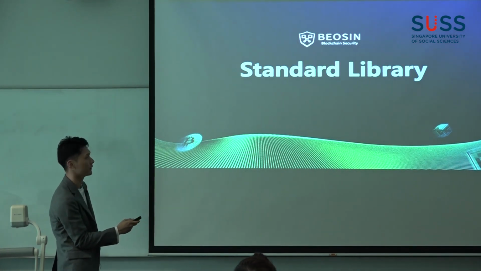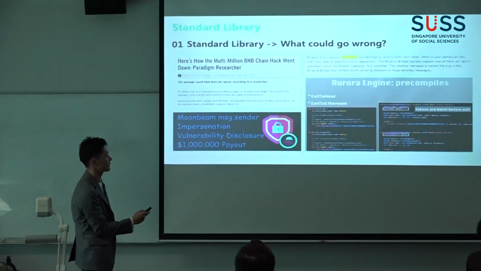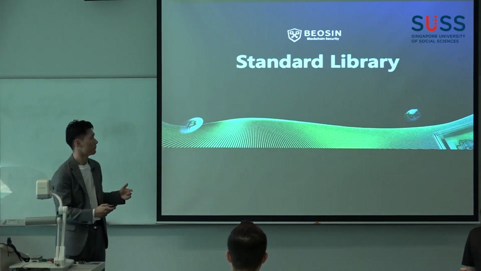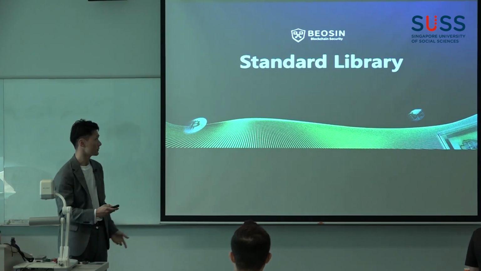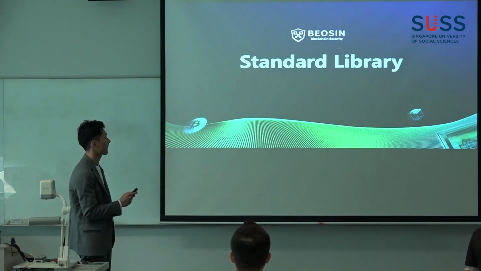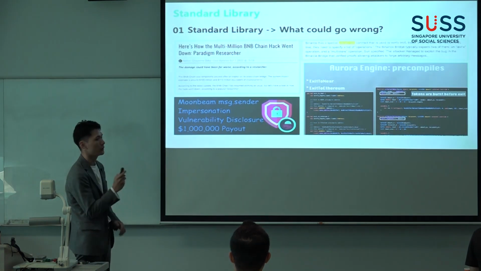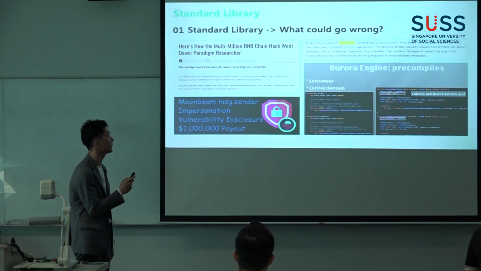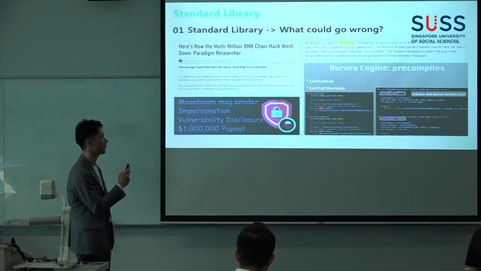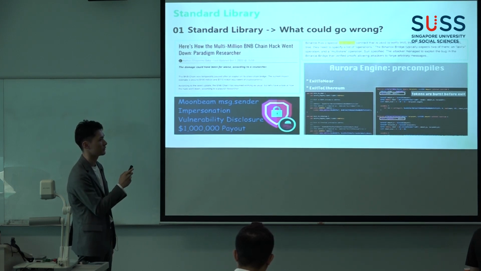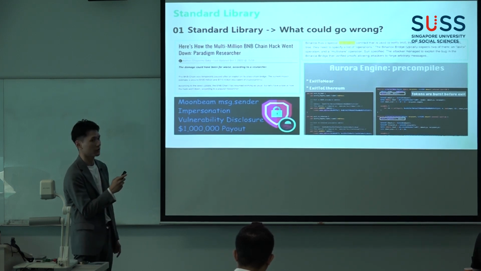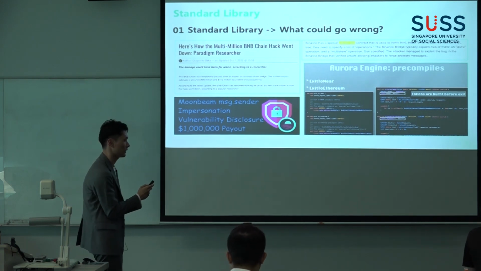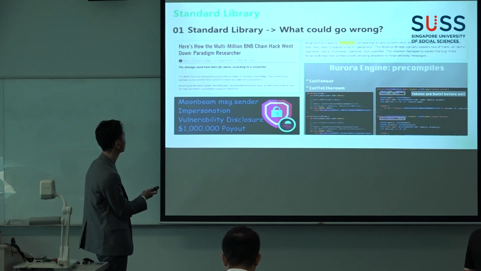Now the standard library. Even though Aptos and Sui are both blockchains based on Move, they have very different standard libraries. I encourage people who are interested in security to do more research on standard libraries, because last year alone, over $5 million was paid in bounties regarding standard library issues. People think the standard library must be very safe, but it's not.